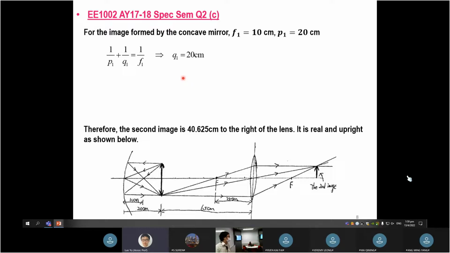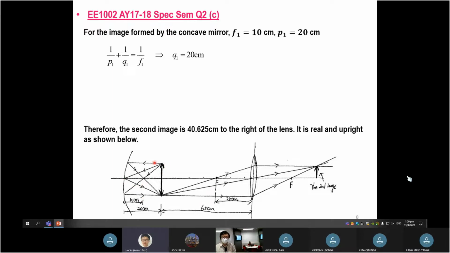This is actually a real image, located at exactly the same position as the object, but inverted. So this is the object and this is the image. In order to draw the ray diagram of this image, of course, you use either two out of these 3 rays.